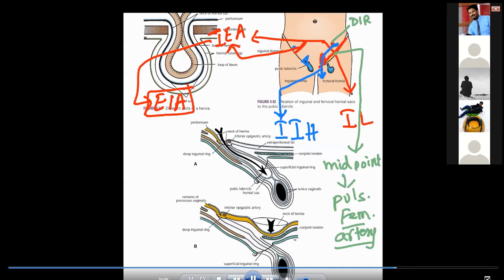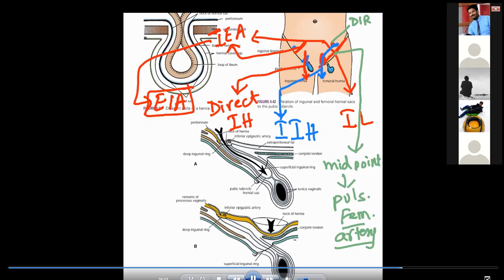If the hernia is bulging out from here, and now it is coming out from the superficial inguinal ring into the scrotum. Now this is your direct inguinal hernia. Which hernia? Direct inguinal hernia.